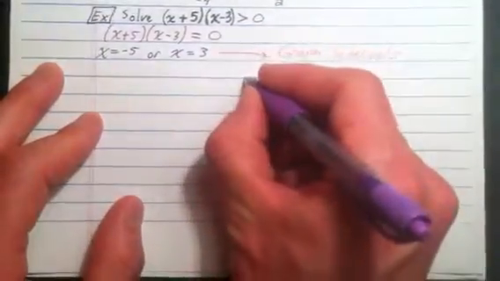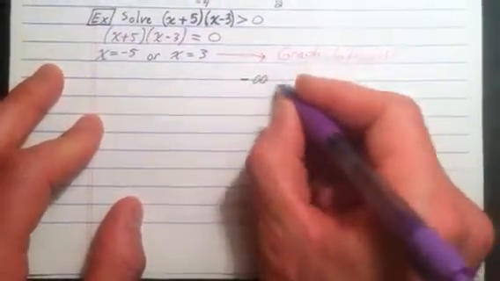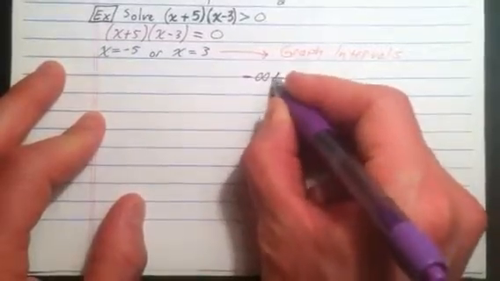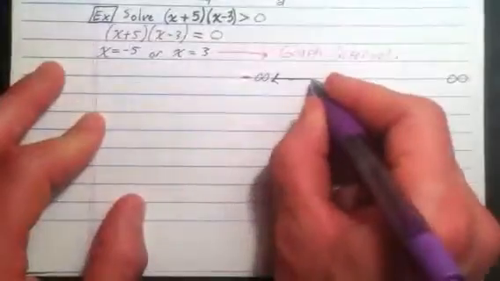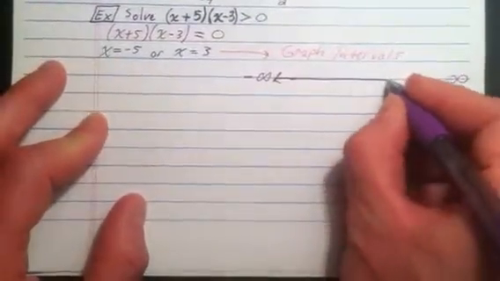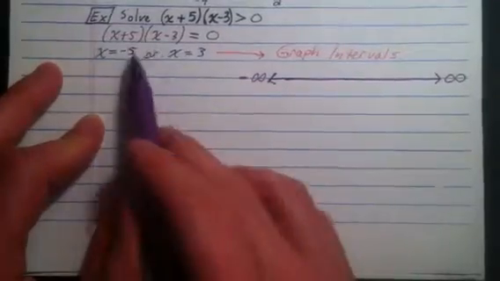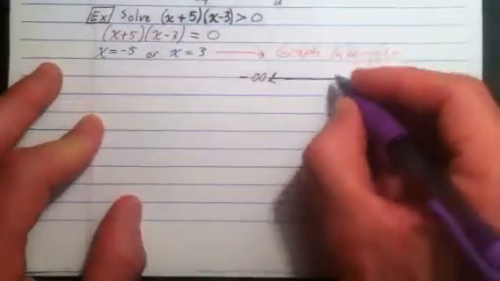So from negative infinity to positive infinity on our number line, we want to mark off negative 5 and positive 3.